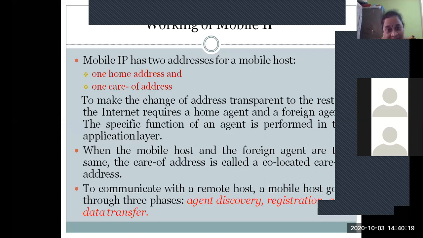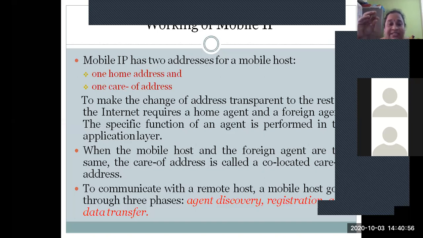To communicate with a remote host or a mobile host, the host goes through three phases. Whether it is a constant host or a mobile host, if it wants to communicate with a partner at a remote place, or that partner is moving over different places, it undergoes three phases in mobile IP: establishing a connection between the parties, continuing the communication, and ending the communication.